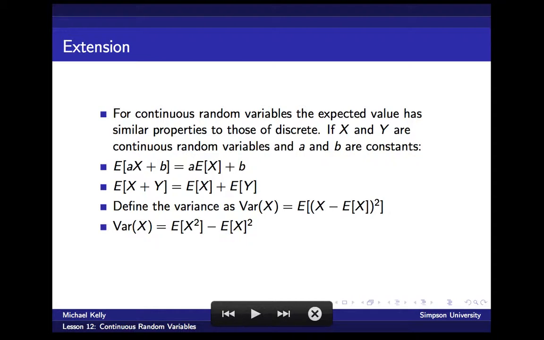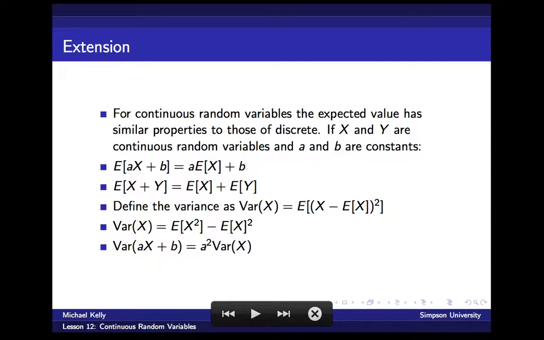The variance is still going to satisfy the other formula that we derived earlier, that it's the e of x squared minus e of x, squared formula. And it's also nonlinear in the same way that the expected value was, so it's more quadratic. The variance of ax plus b is a squared times the variance of x.